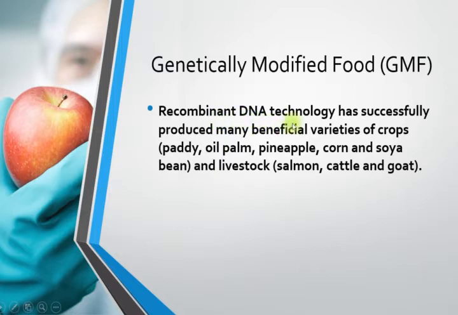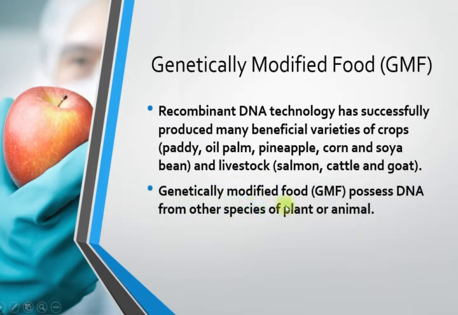Recombinant DNA technology has successfully produced many beneficial varieties of crops, such as paddy, oil palm, pineapple, corn, soya bean, and also livestock. Crops merujuk kepada hasil tanaman. Livestock refers to ternakan, for example, salmon, cattle, and goat.